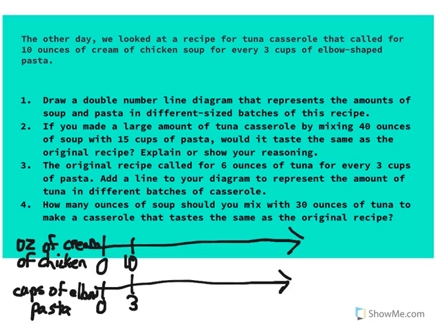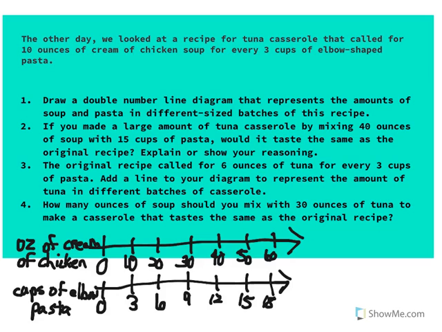Well, I guess I need to go back to my double number line because I didn't finish it, did I? So I'm going to pause real quick and finish it. So again, will mixing 40 ounces of soup with 15 cups of pasta taste the same as the original recipe?